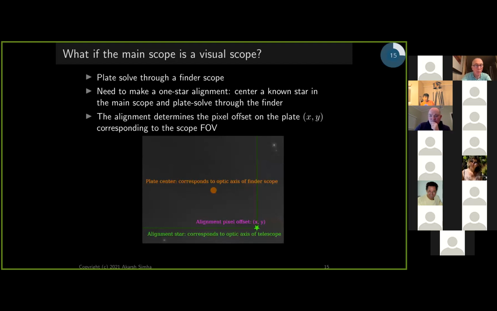So that's why the idea that I'm proposing is to plate solve through a finder scope. And this means that just like you as a visual observer would align your finder scope, like center Jupiter or some bright object or bright star in your main telescope, and align the finder scope, so you need to also align the finder scope even if it has a camera in it, right?